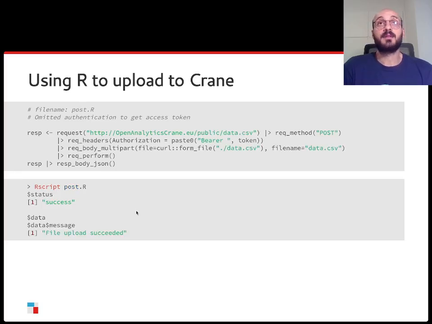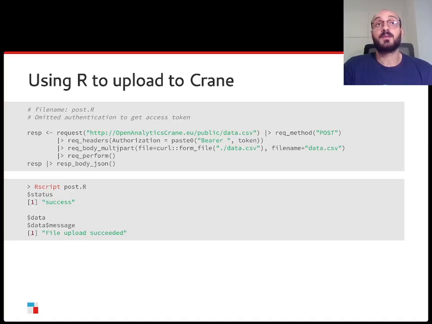You can also upload files using the API. You need to create a request to the path you want to upload the file to, with the file name at the end. So in this example, /public/data.csv. You need to change the method to POST as you want to do a post request. Add the authorization header again with a bearer token.